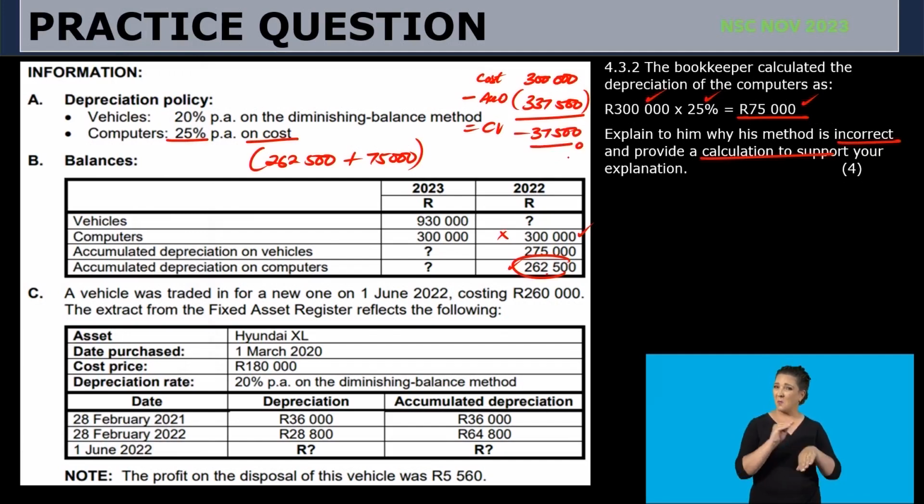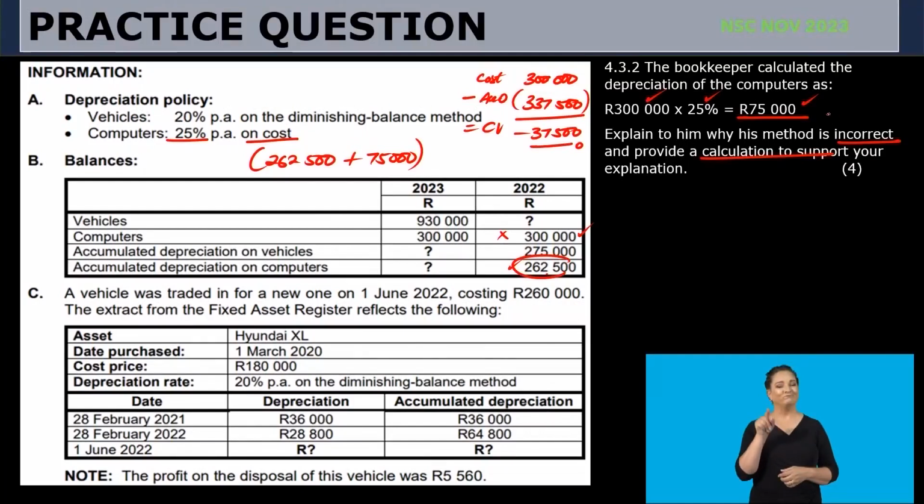Now, we have a problem then when our carrying value is negative. An asset that is still physically existing cannot be recorded in the business books at a negative value. It's an asset. So that is why they're saying the method here is incorrect. Because once we take the 75,000, it leads us to have a negative value of 37,500.